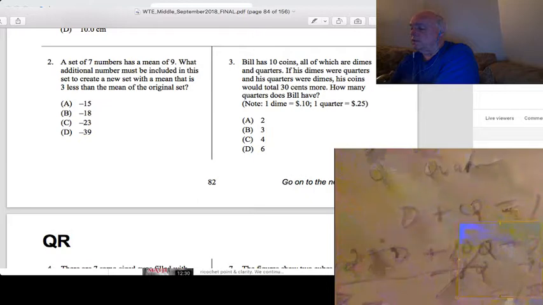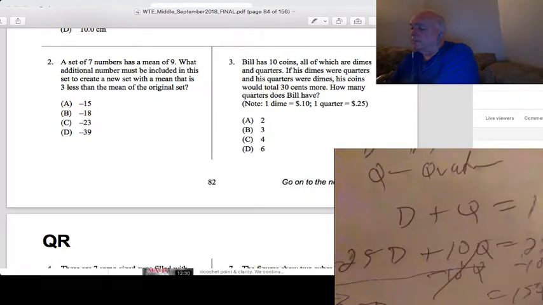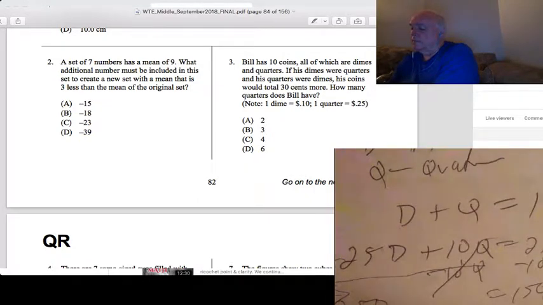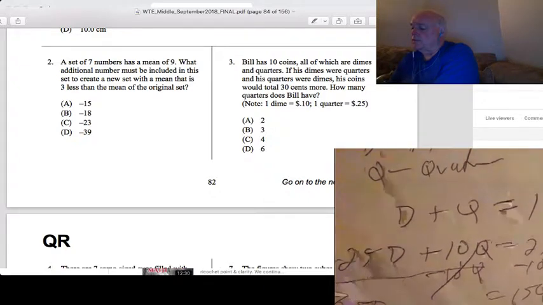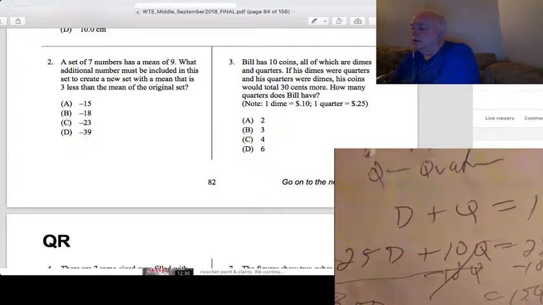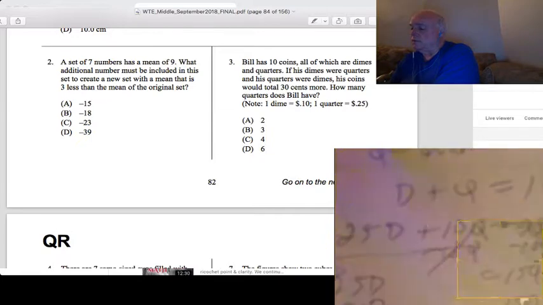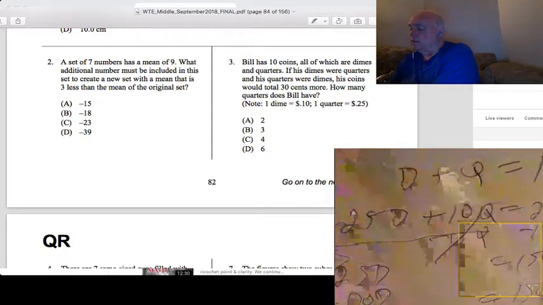So we get 15D equals 15Q plus 30. And if we subtract 15Q from both sides, we get 15D minus 15Q equals 30.